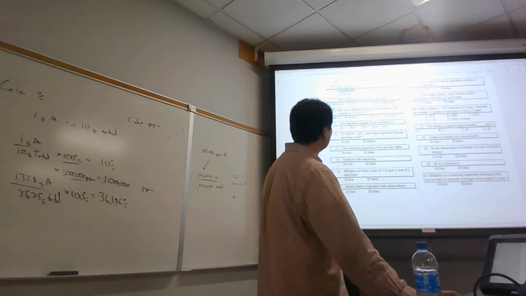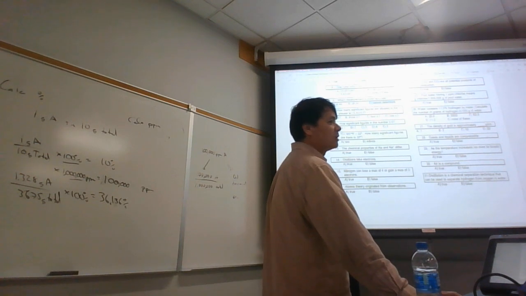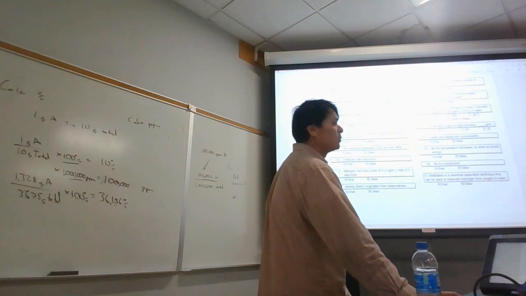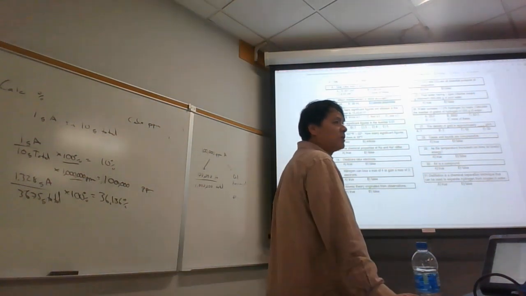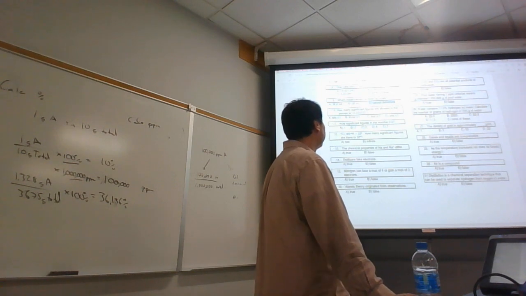Number 9. Which measurement is more accurate? It's C, we cannot determine. A is more precise, but we don't know if it's measuring accurately. It has to be calibrated properly.